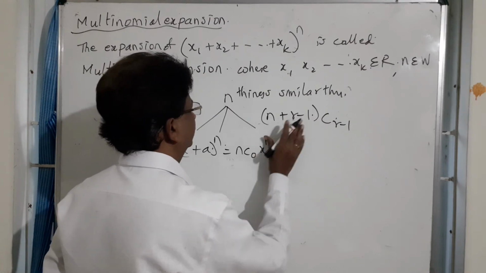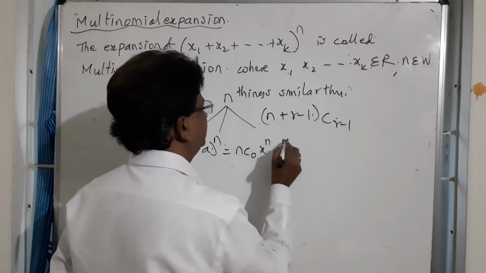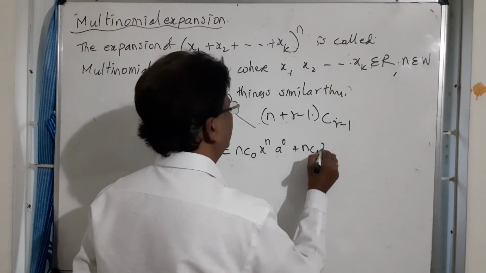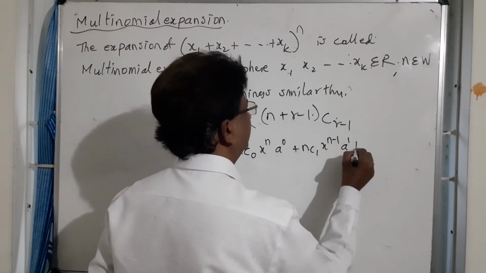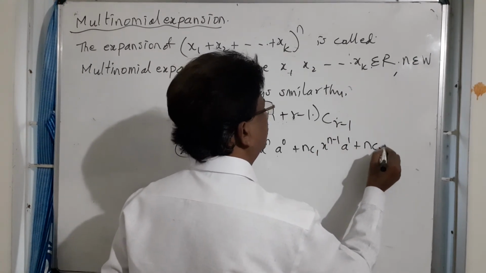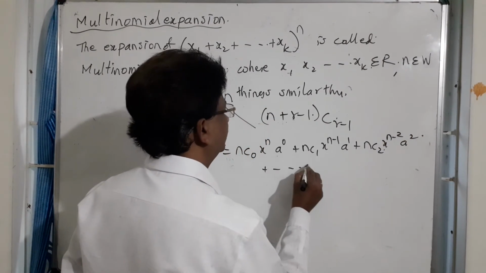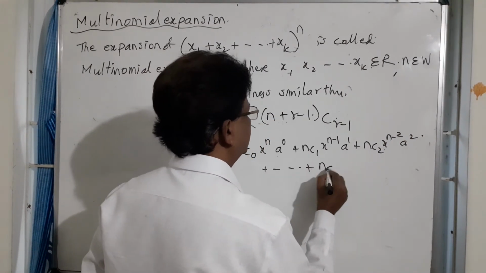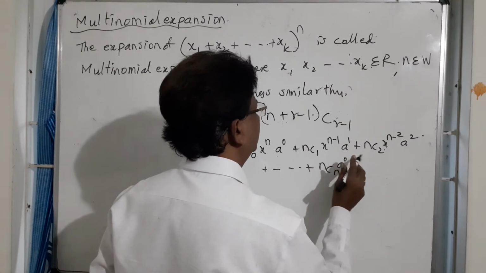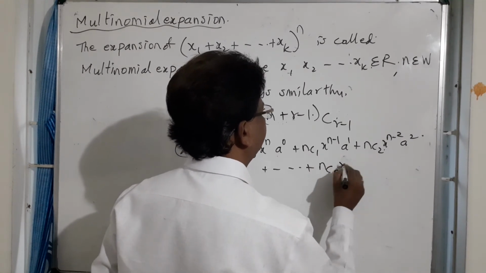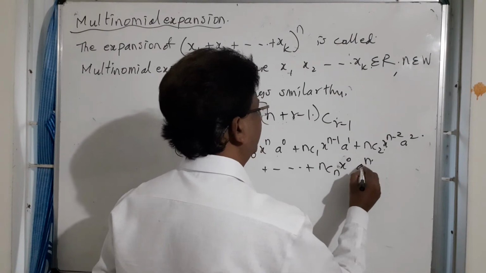If you write strictly the (x plus a) whole to the power of n expansion like this: nC0 x^n a^0 plus nC1 x^(n minus 1) a^1, nC2 x^(n minus 2) a squared, and so on, finally the last term nCn x^0 a^n.